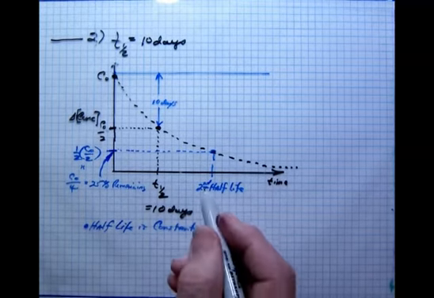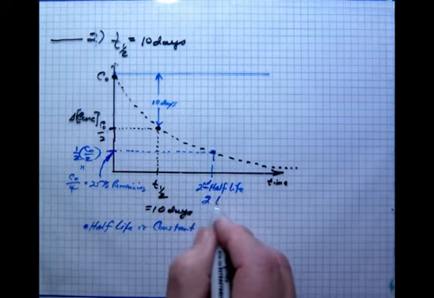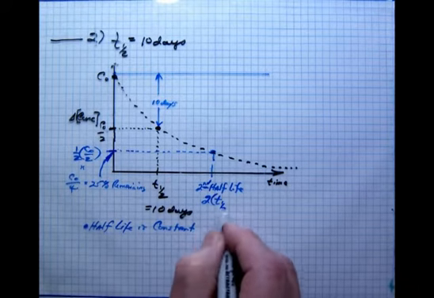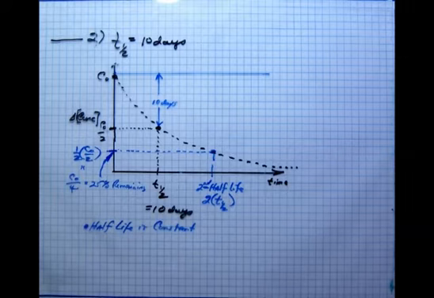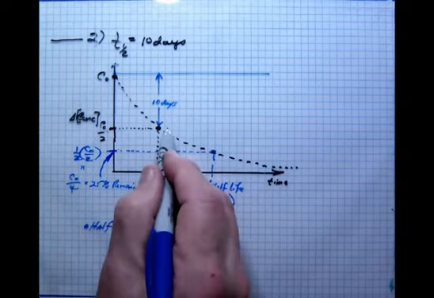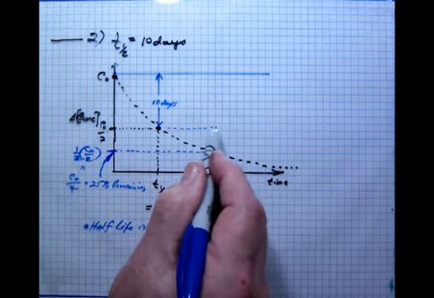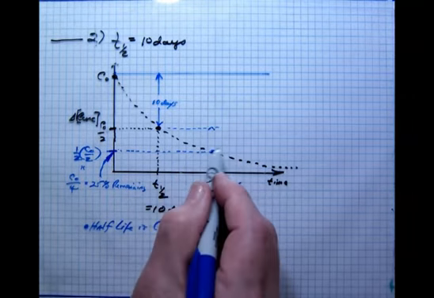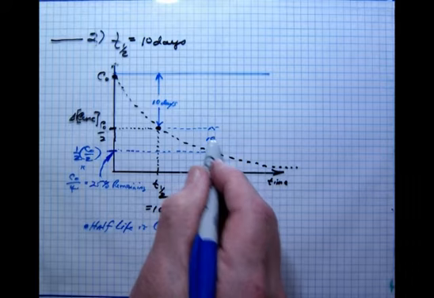Second half-life point, which is 2 times the first half-life. And so if we take that into consideration, the time to go from here to the second half-life is also 10 days.